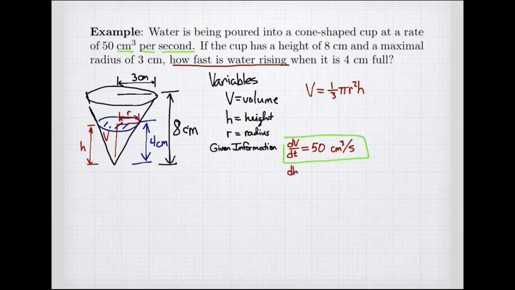So the height rate of change is what is unknown. And finally, we end by saying that the cup is 4 centimeters full, which is information about the height of our cup. So we get that the height of our cup, h, equals 4 centimeters, is some given information.